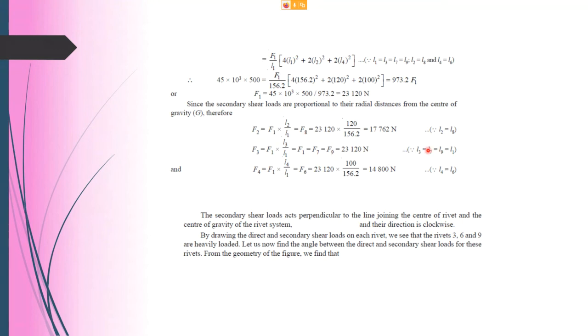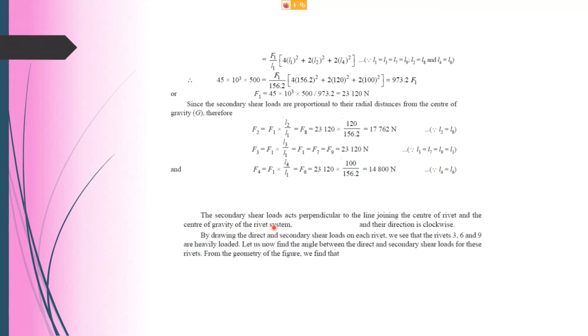L2 and L8 are the same, so therefore F2 and F8 are the same. L3, L7, L9, and L1 are the same, therefore it is 23,120. So the secondary shear forces are the same once the radial length is the same. L4 and L6 radial lengths are the same, so F4 and F6 are the same.